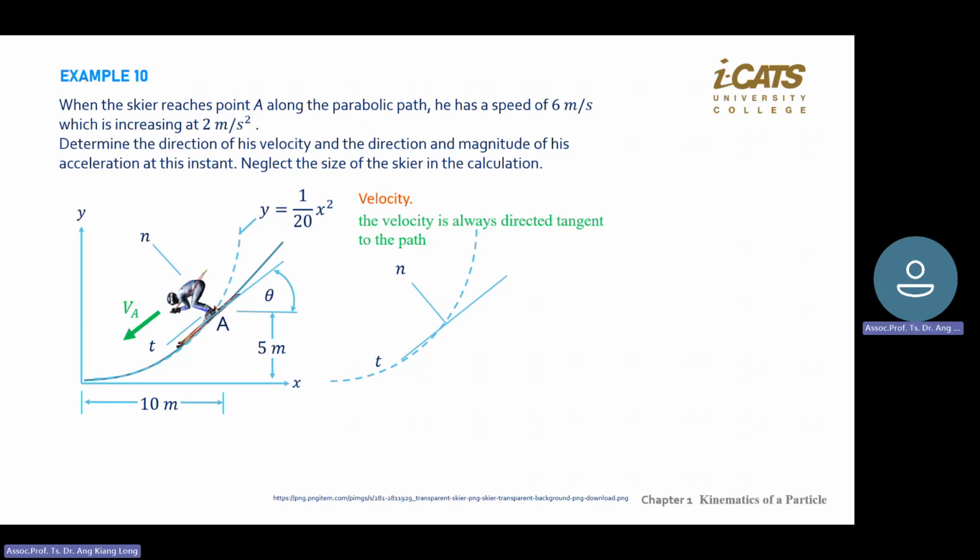Any question on this part? Tangent and normal? Put in the vector velocity. Who has a question why I can draw VA in this direction, in the tangent direction? It's always tangent. Velocity is always tangent to the curve.